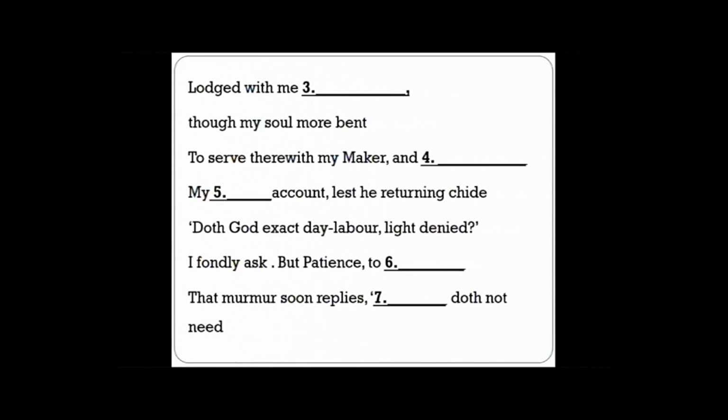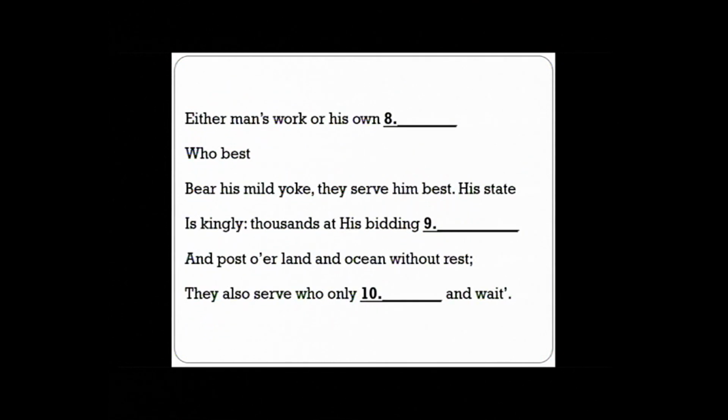I fondly ask. But patience to prevent that murmur soon replies, God doth not need either man's work or his own gifts. Who best bear his mild yoke, they serve him best. His state is kingly, thousands at his bidding speed, and post o'er land and ocean without rest. They also serve who only stand and wait.